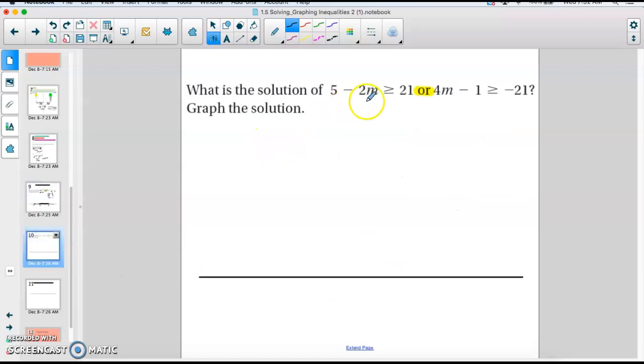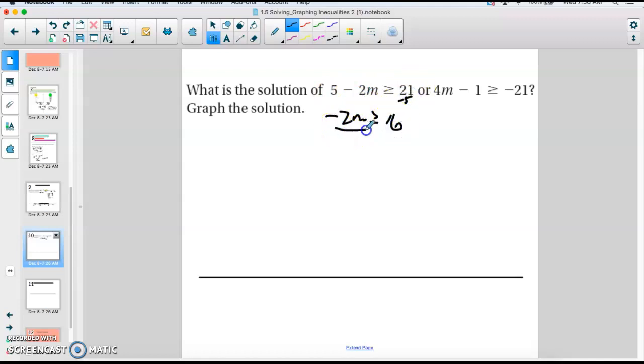Okay, our next one here, graph the solution of this or that. All right, so we're going to just solve each of these, and then we'll see where we end up here. So first off, we're going to add 5, and so we get negative 2m is greater than or equal to, when we subtract 5, we get 16.